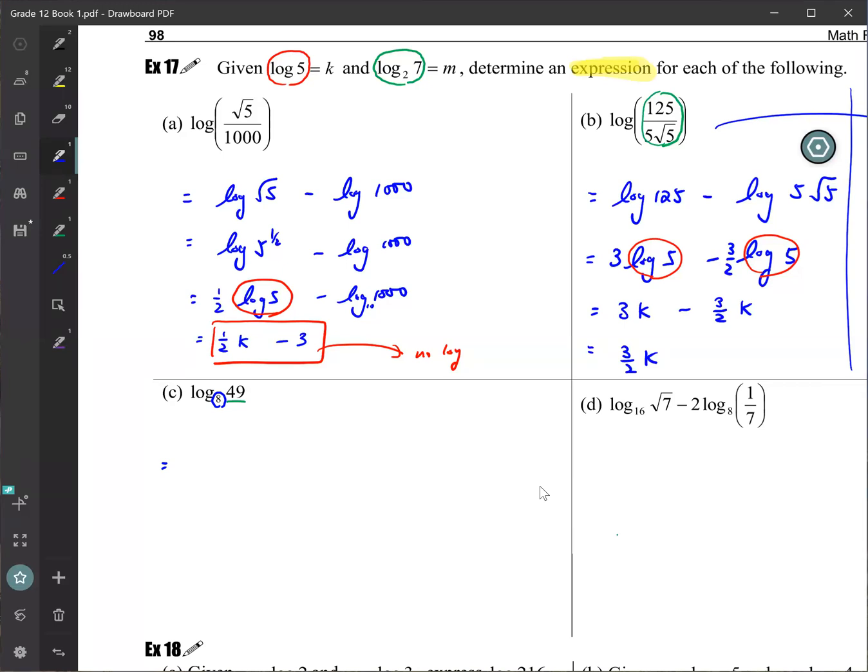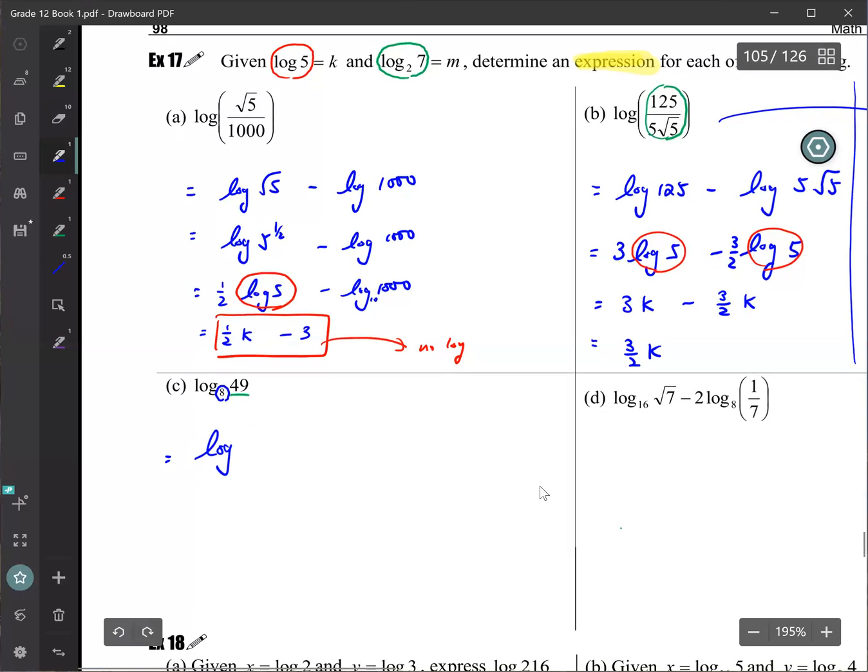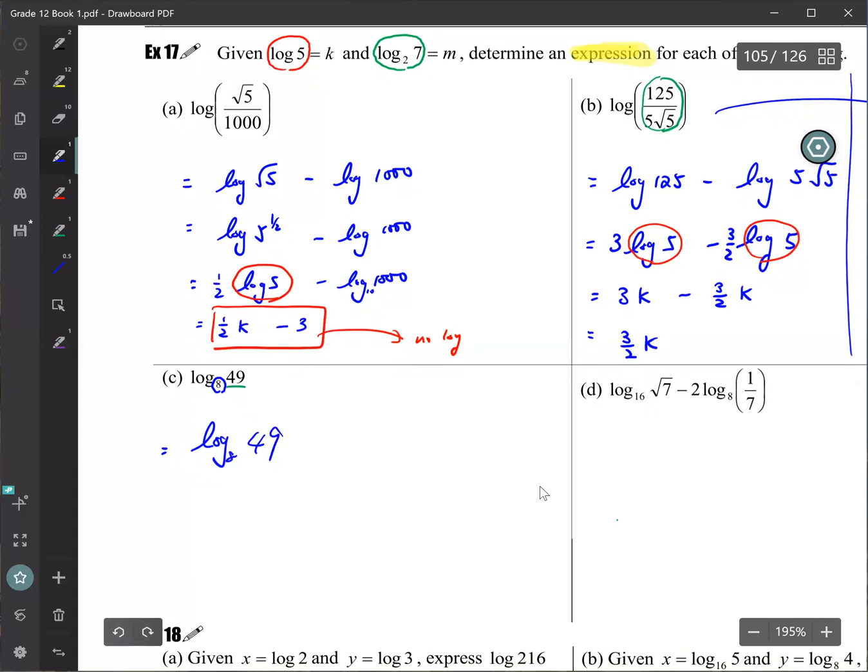Okay, so what base do we want to change to? Still you. 2. Okay, can you tell me how to turn it into base 2 now using rule number 4? Log 8 49 equals... Okay, never mind, you already have the question.